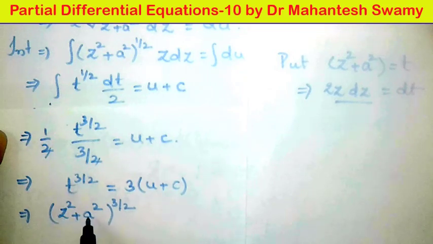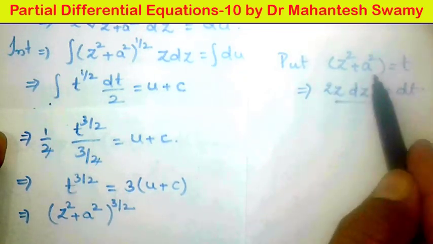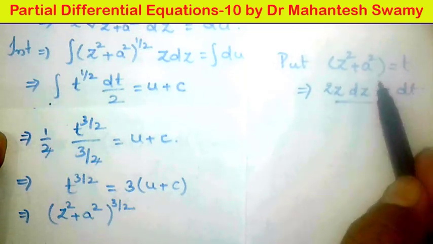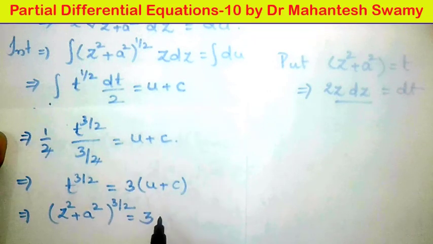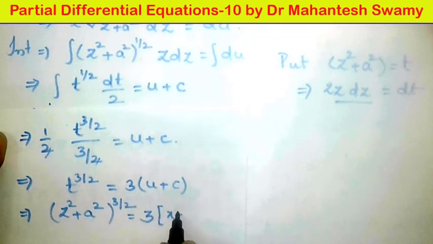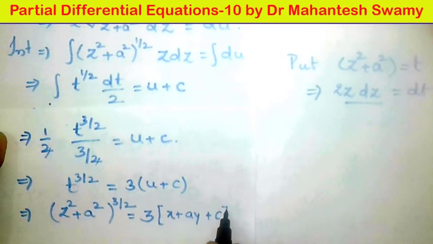So t value is z square plus a square, we have substituted back here from this expression. So now on the RHS it is 3 into bracket u, value is x plus ay, plus c, let us keep it as it is.